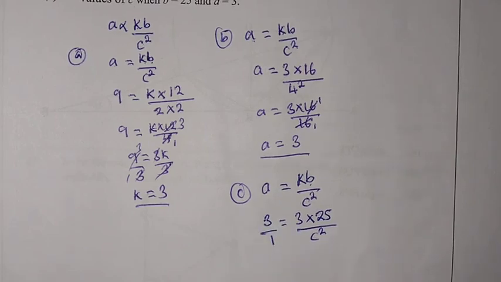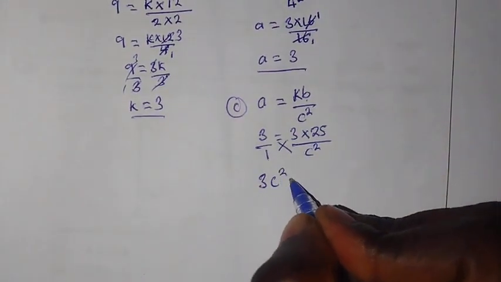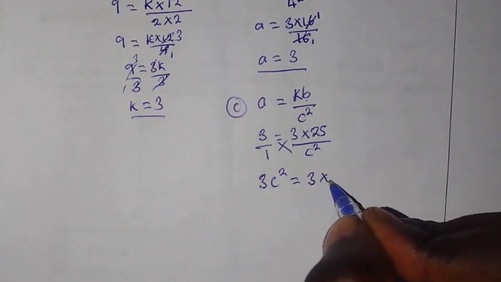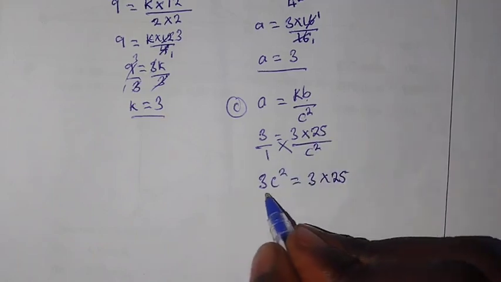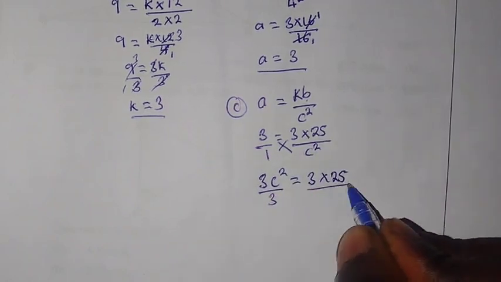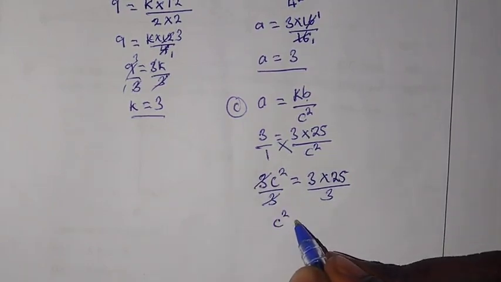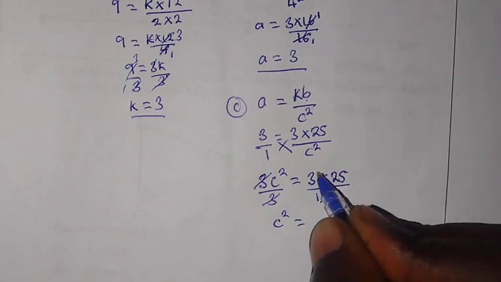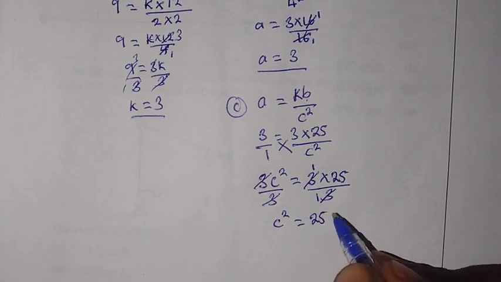What are we going to do? We divide by 1, then we cross multiply. 3 times c squared, so we get 3c squared is equal to 3 times 25. Then we divide by 3, even here we divide by 3, so this and this will cancel. c squared is equal to 1 times 25, you get 25.